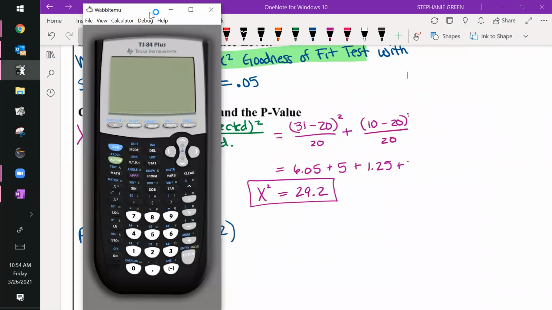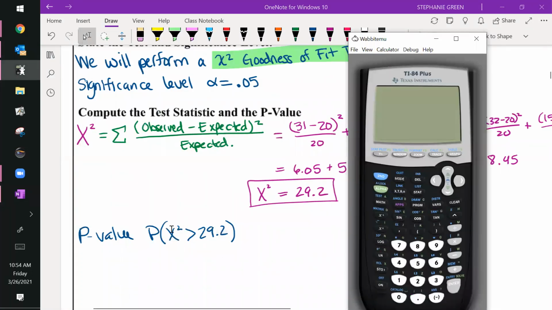On my calculator here, I'll use that chi-CDF to find that p-value. So that is my option 8, chi-CDF. Make sure you don't choose PDF by accident. My lower bound is going to be this 29.2. My upper bound is 9999999, or as close to infinity as I want to do on my calculator. And our degrees of freedom this time is 5.